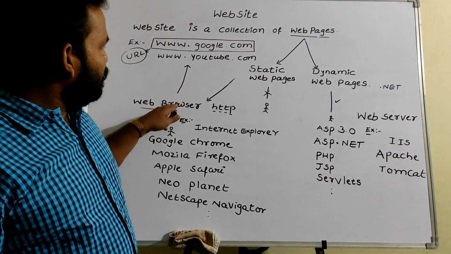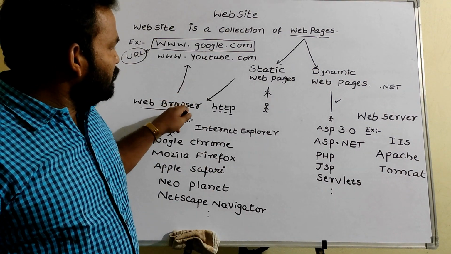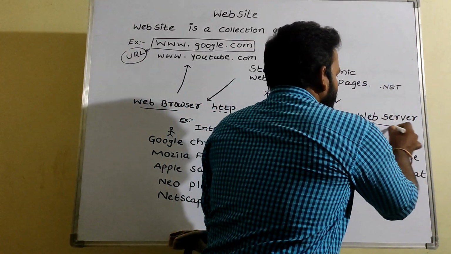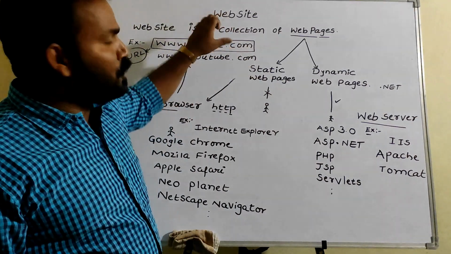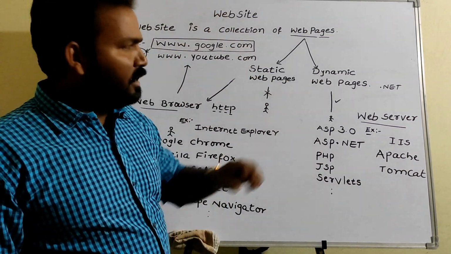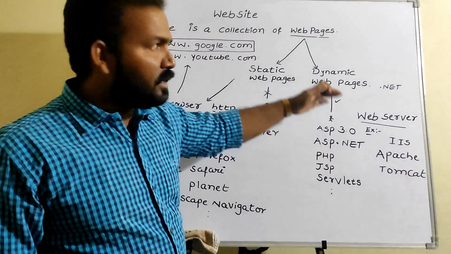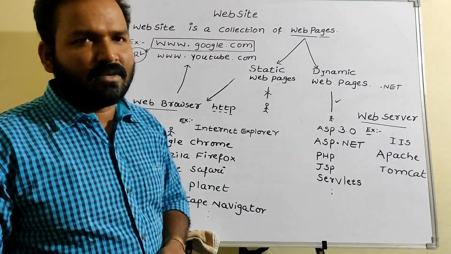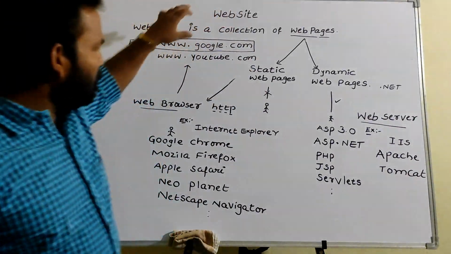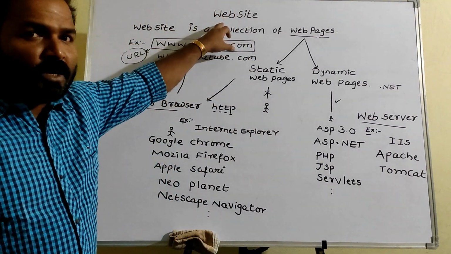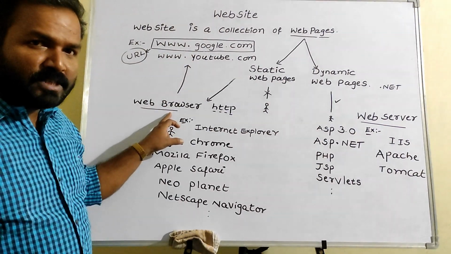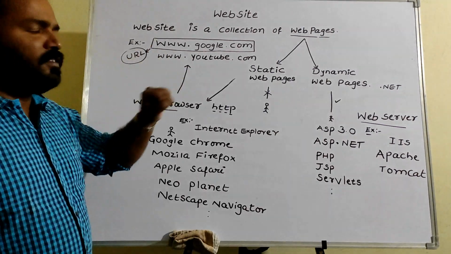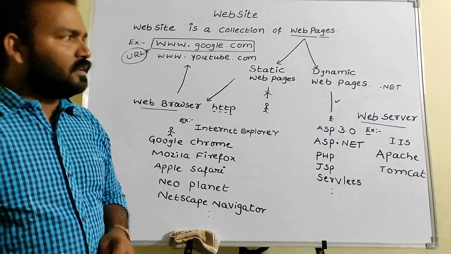Next, web server is also a software used to store the websites. It is an application or software used to store the websites and execute the websites. A website will be accessed in web browser through URL or website address.